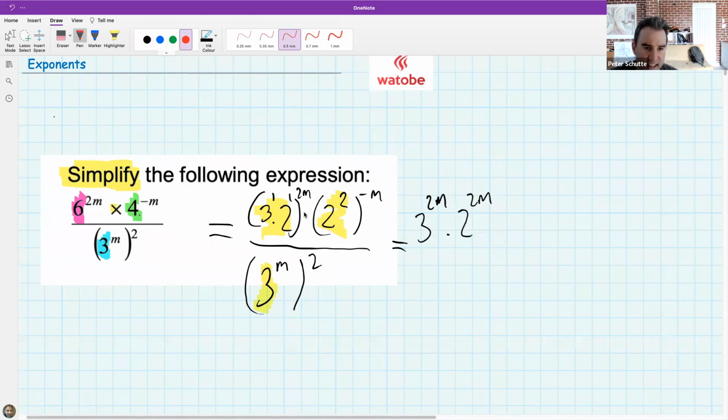I'm just multiplying this by this and this by this. And then over here, I'm going to get 2 to the minus 2m. So that is this being multiplied. And on the very bottom, I'm going to multiply the m by the 2 here, and I get 2m.